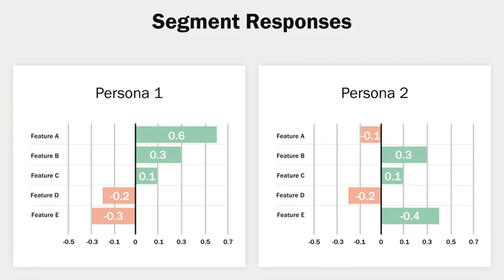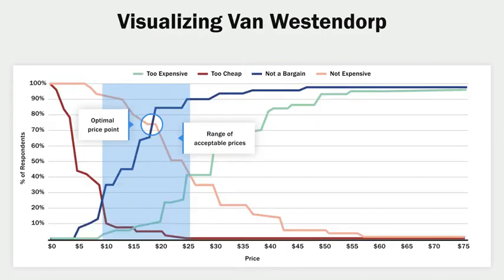We then asked a series of survey questions using the Van Westendorp's price sensitivity meter to understand the range of acceptable prices of how users think about our product and what we're packaging together as too expensive or not expensive enough.